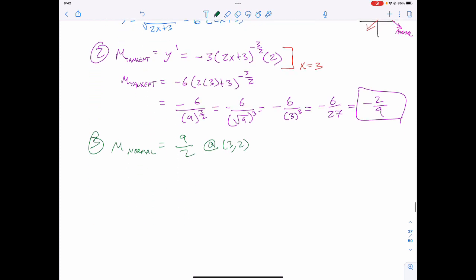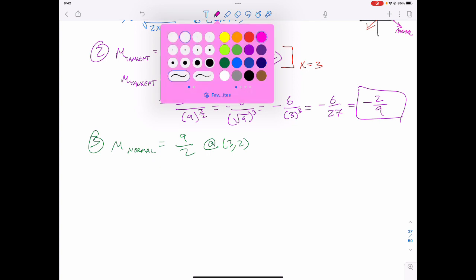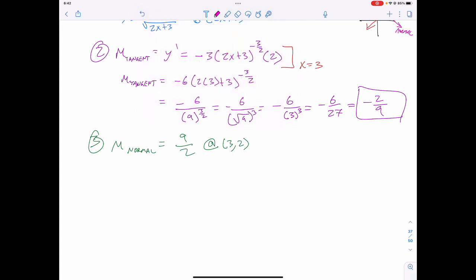And then the last thing we do is we just put it into our slope point form equation. We're going to have y minus 2 is equal to 9 over 2, x minus 3, or y minus 2 is equal to 9 over 2x minus 27 over 2.